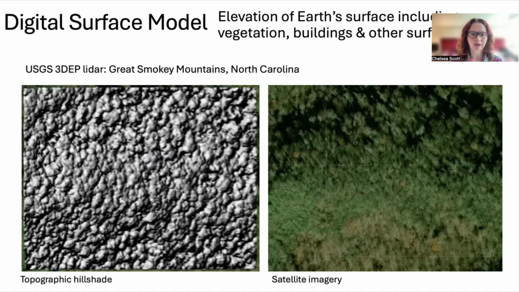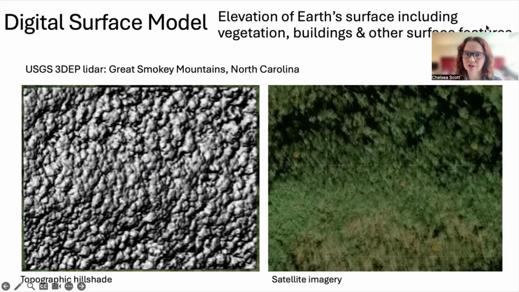All right, so now we're going to look at two different examples of digital surface models. A digital surface model shows the elevation of the Earth's surface. So this includes buildings, vegetation, and other features that you see at the Earth's surface. Here we're looking at an example of a digital surface model, specifically the topographic hillshade, in the Great Smoky Mountains of North Carolina.